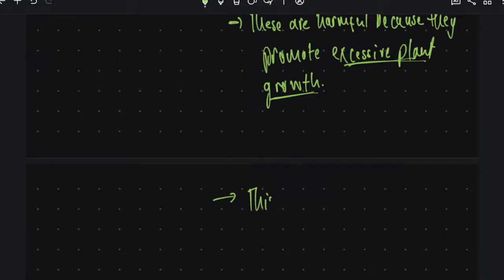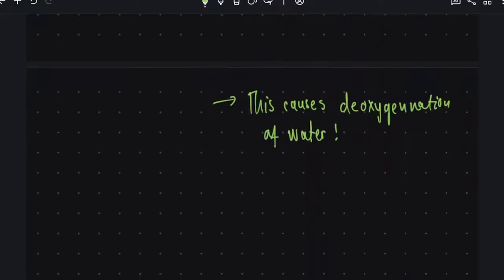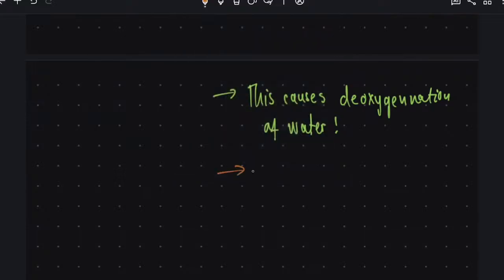This causes deoxygenation of water. What are you saying? Don't plants want to respire? So they're taking up the oxygen, right? Yeah, exactly. Now, though, what about the fish? They no longer have it, exactly. So what happens? They die. Good. What is that called? Eutrophication. So this causes deoxygenation of water.